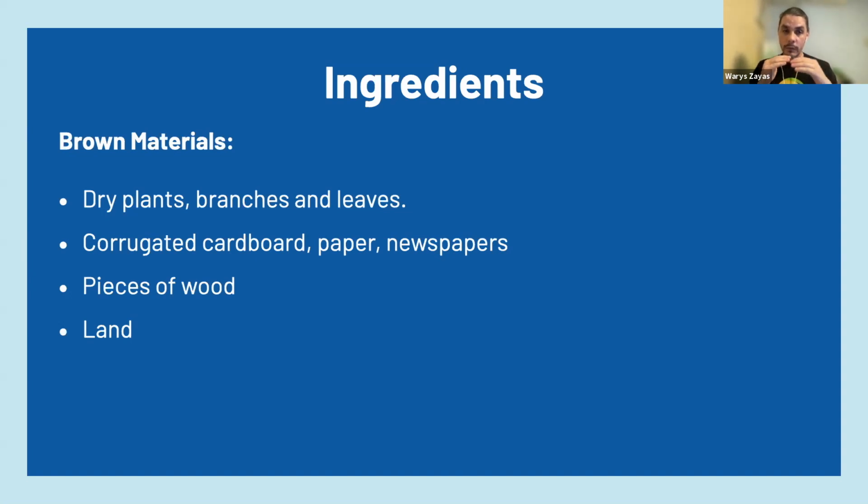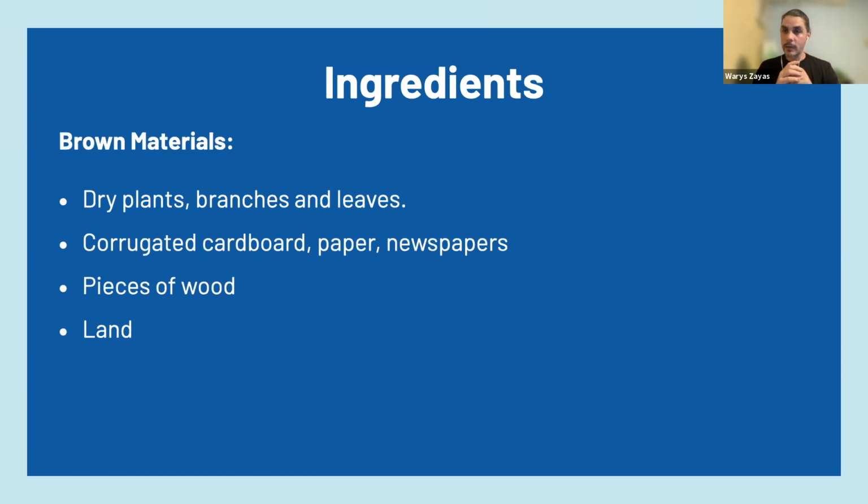Lignin is one of the components that takes longer for the microorganisms to process, because it has a really strong structure, right? Because of the kind of cellulose that we have there and everything. So if we are working with wood, it is really important to chip it, or otherwise the composting process will take longer, right?